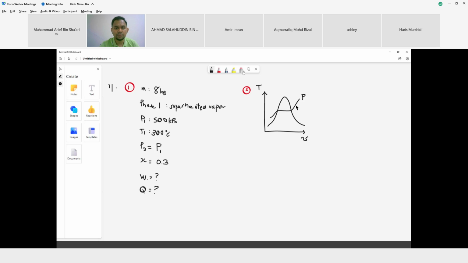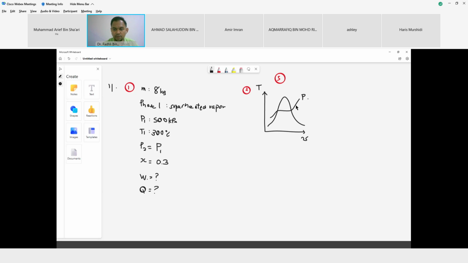Then step number 3. Step number 3, transfer all the properties, all the values given to our diagram.